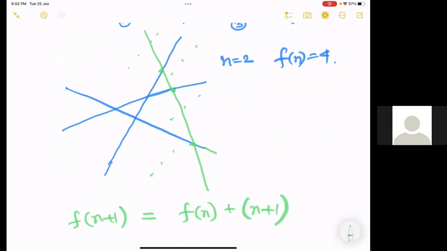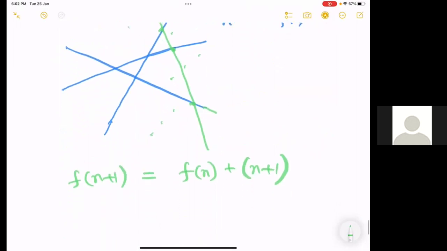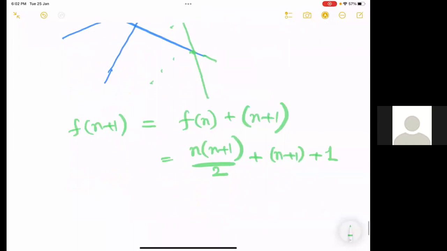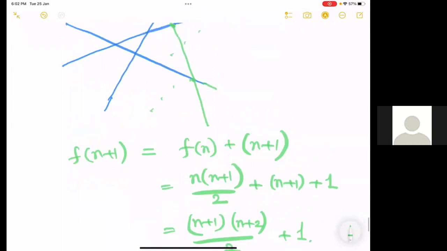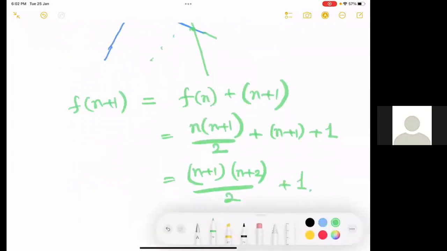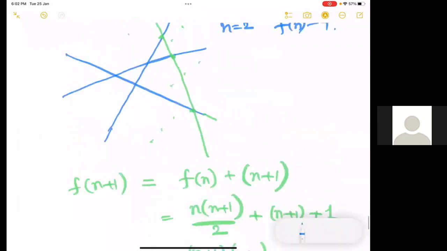It's not difficult, and you don't need big theory for it. So now let's put the values. So this is exactly equal to n plus 1 into n plus 2 by 2 plus 1. Okay, so good. Okay, so let's take maybe one more example.